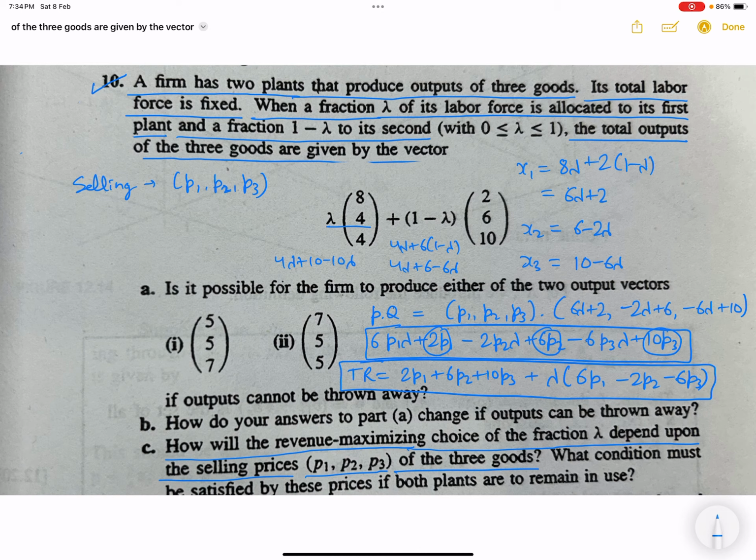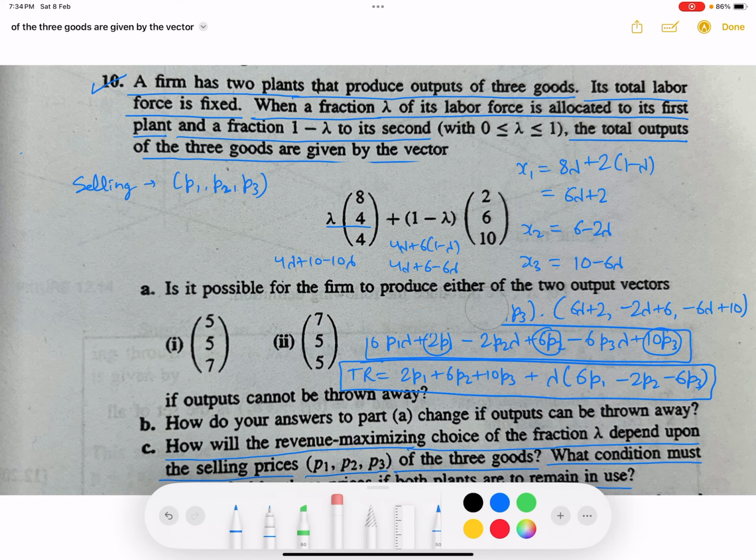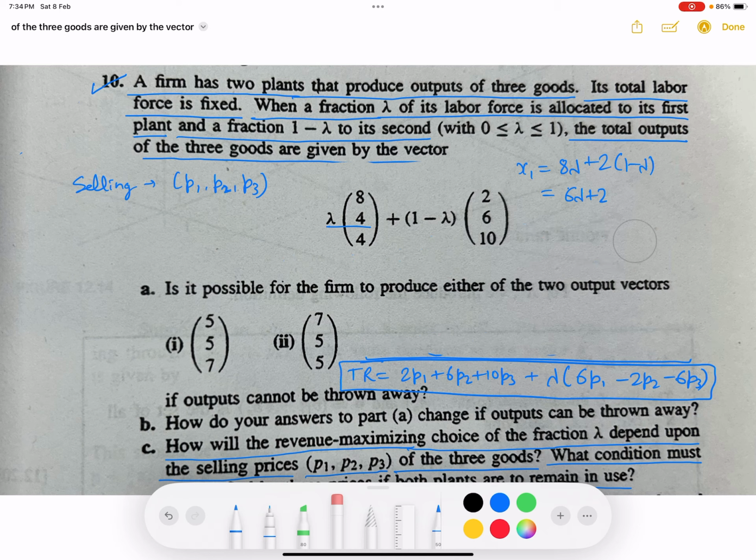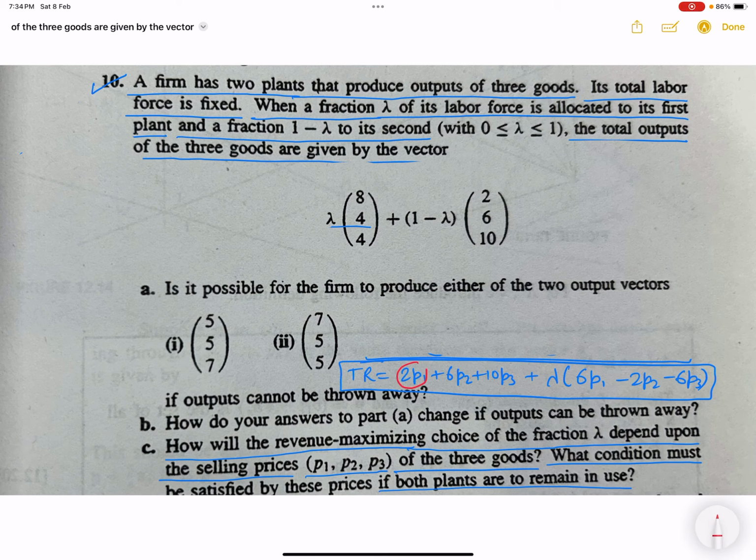Now, what condition must be satisfied by the prices if both plants are to remain in use? Firstly, this is the total revenue. Now look at it very carefully. Prices are always positive, so this whole term is positive.